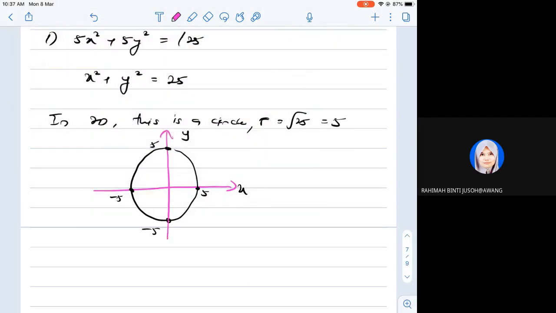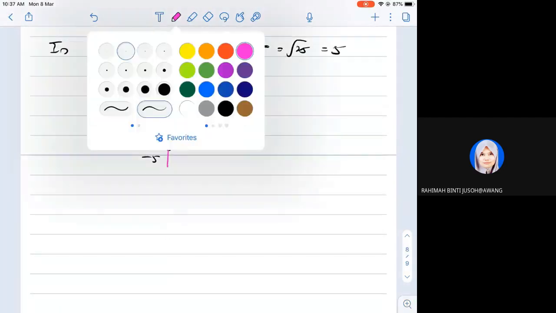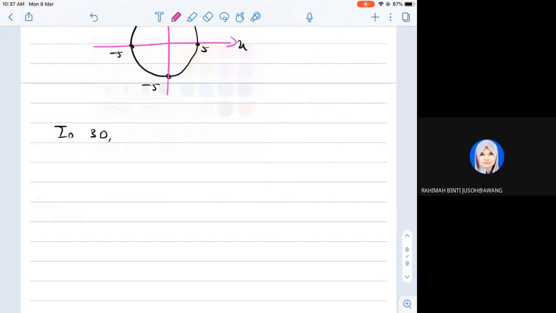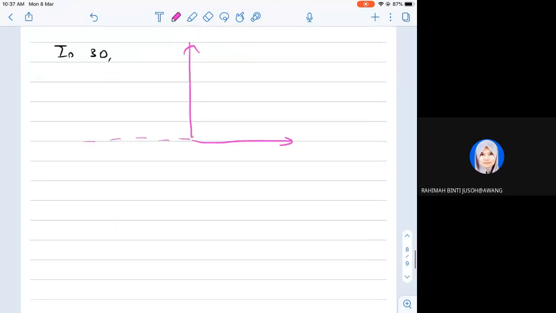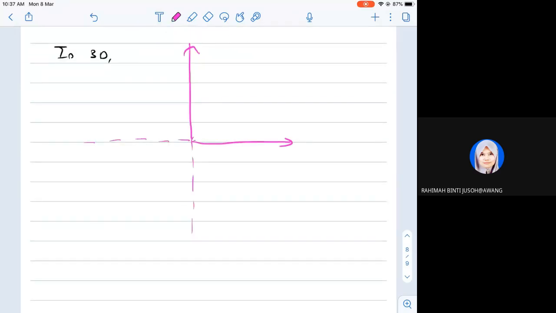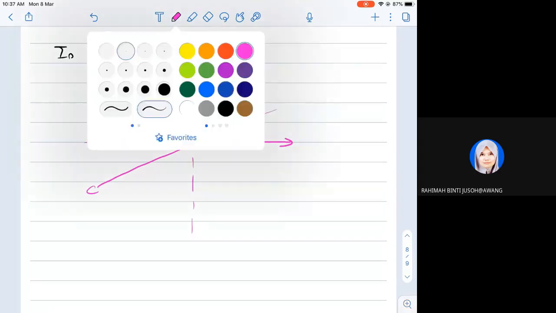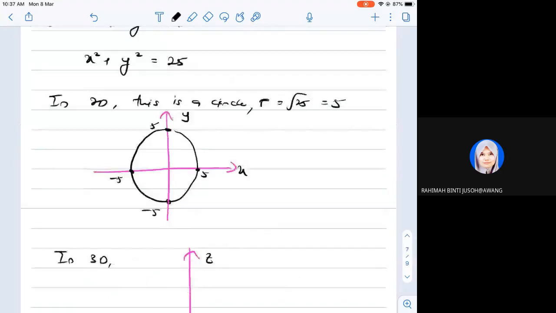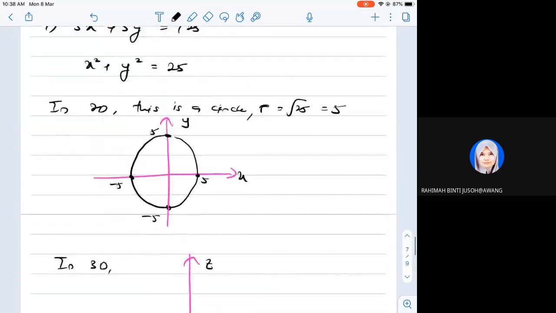Okay, now we want to transform this in 3D. In 3D, okay. Plot dulu 3 axis tu. 3 axis, X, Y, and Z. Okay, sama konsep macam tadi juga guys. The same concept.